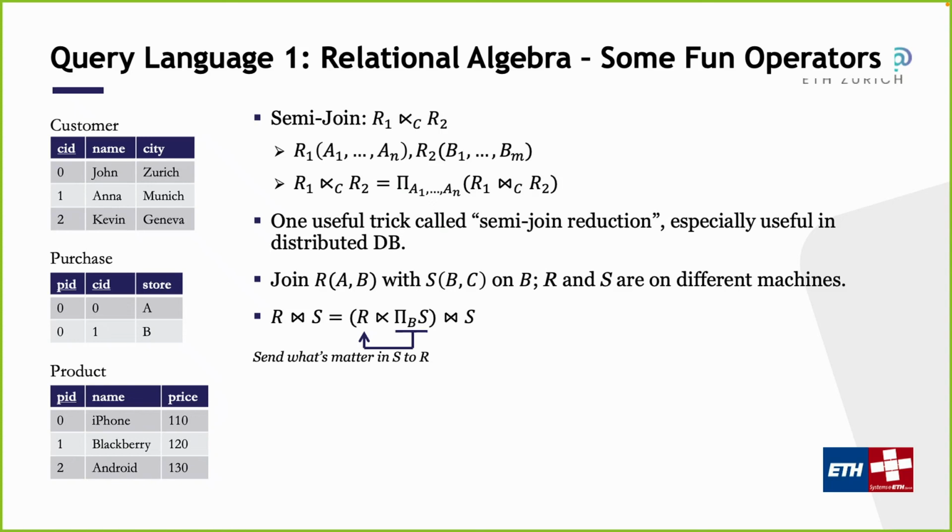I know we are going to join on attribute B. I want you to send all the unique values of B to me, and then I do a semi-join that gives you all the values in my relation that could be joined with your relation, and I only send that to you. Okay? This tries to minimize the communication in a distributed join. That is one use case of this semi-join. It's called semi-join reduction in distributed databases.